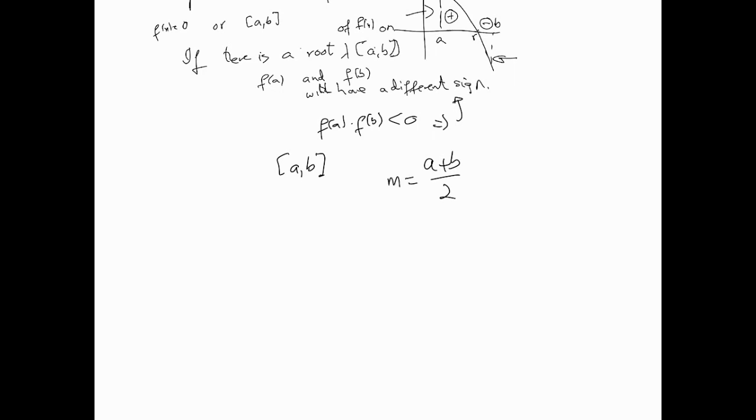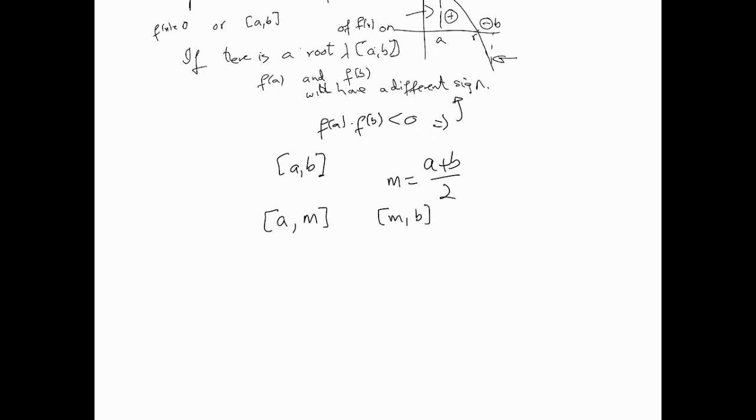So if M is A plus B over 2, then I can split the interval into two, AM and MB. M will of course be somewhere between A and B, guaranteed, because it is the midpoint of A and B. Now, here's the interesting thing. What you have is two intervals.